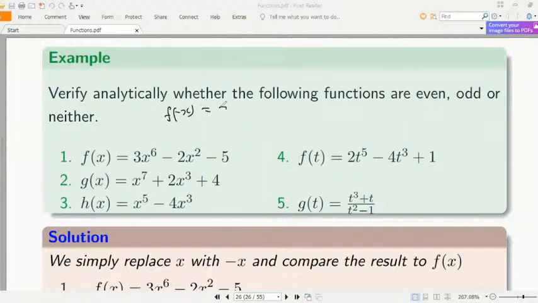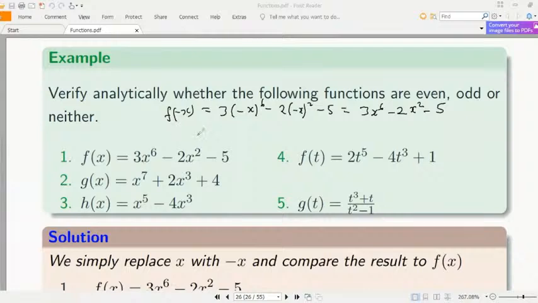This will be 3 negative x raised to 6, minus 2 negative x squared, then minus 5. So what does this give us? Negative x raised to 6 will be x raised to 6, so this is 3x raised to 6, then negative 2x raised to 2, then negative 5.